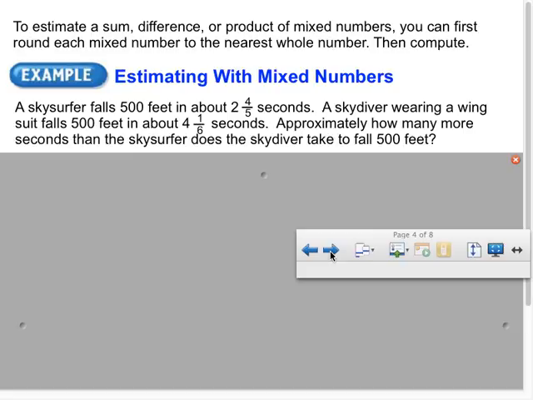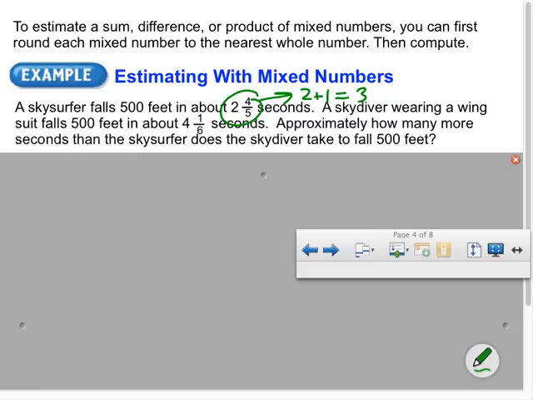How'd you come up with 3? Fraction 4/5 was very close to 1. So you said the fraction 4/5 is close to 1. Yeah. So 1 plus the whole number 2 gave you 3. So do you guys agree with Sergio? He's correct. Right, so 2 plus the fraction 4/5, he gave 1, so he gave that a value of 3.